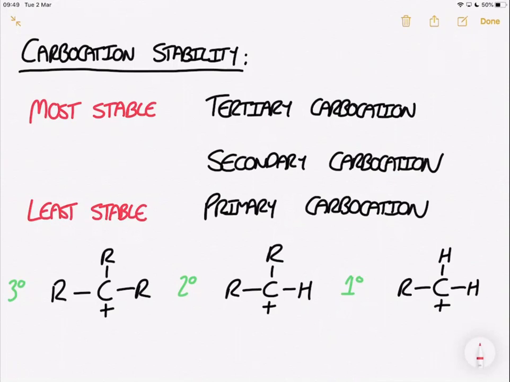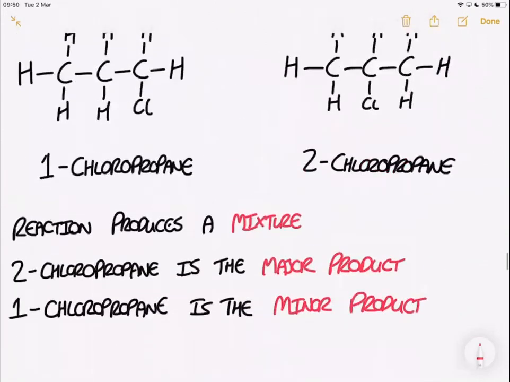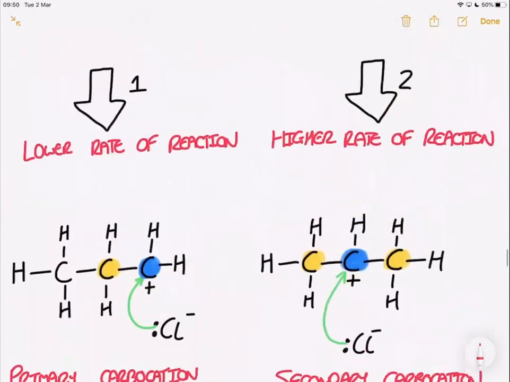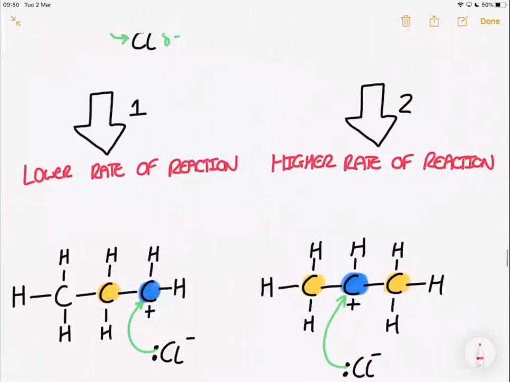So, right, what we've got here is a comparison of stability. And this links to something we talked about 5 minutes ago, right? So let's just pop back up to this reaction scheme. We'll be done with it soon. We said that reaction 1 had a lower rate and reaction 2 had a higher rate. This has to do with the relative stabilities of the carbocation intermediates. Reaction 1 occurs via a primary carbocation.